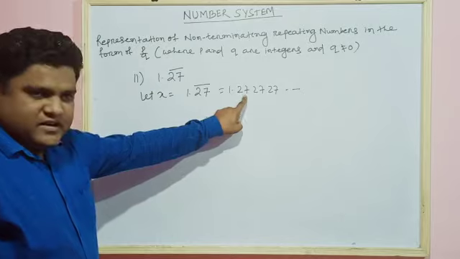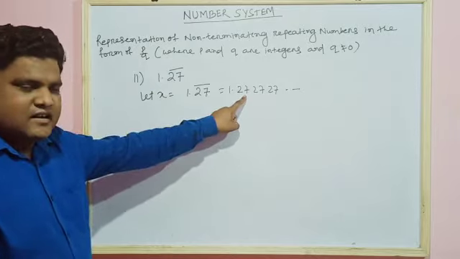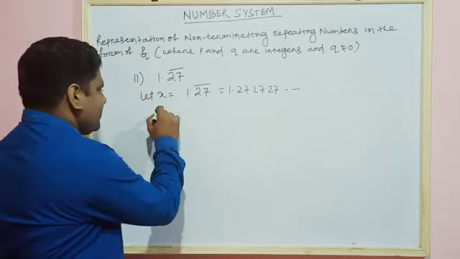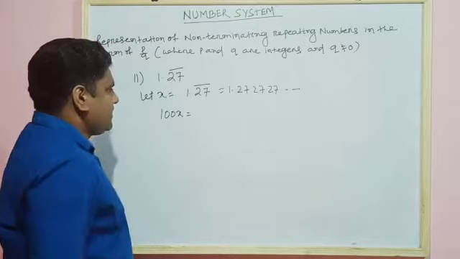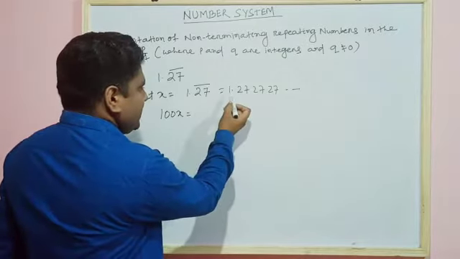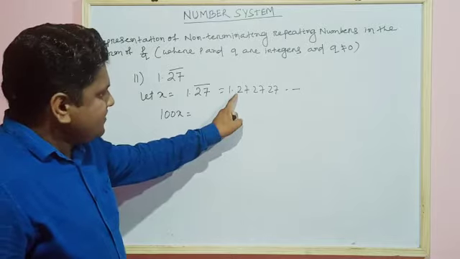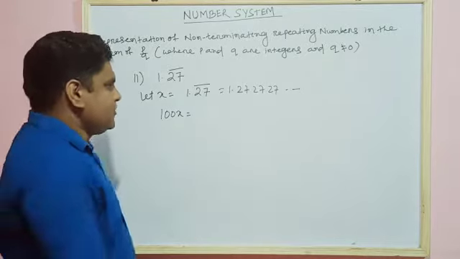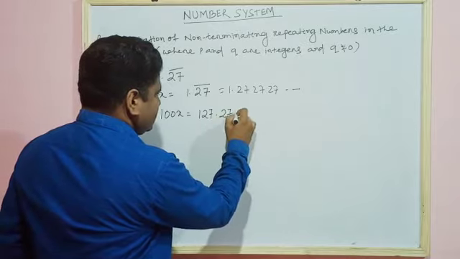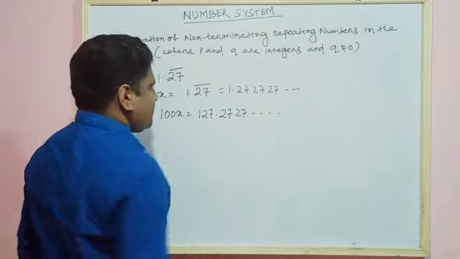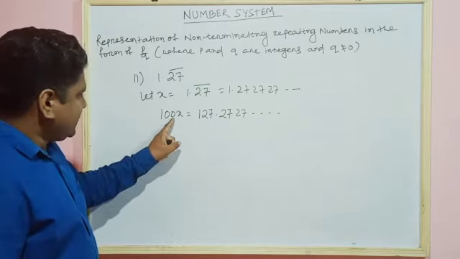Two digits are repeated here, so we have to multiply 100 on LHS and on RHS. So 100x equal to, whenever we multiply 100 with a decimal number, the decimal place moves 2 places forward. So it will be 127.2727 and so on.